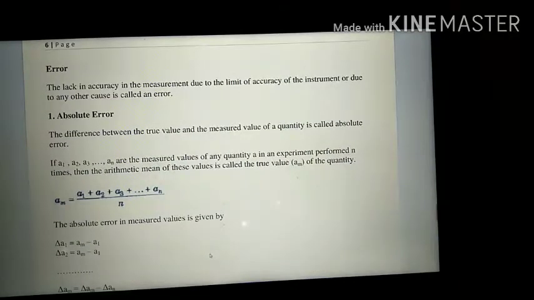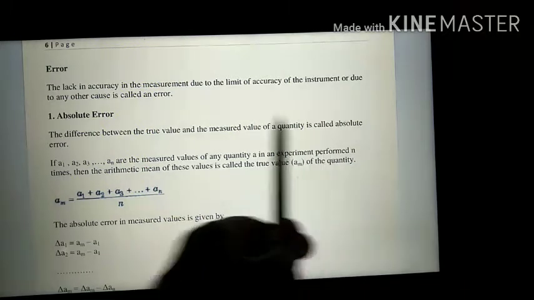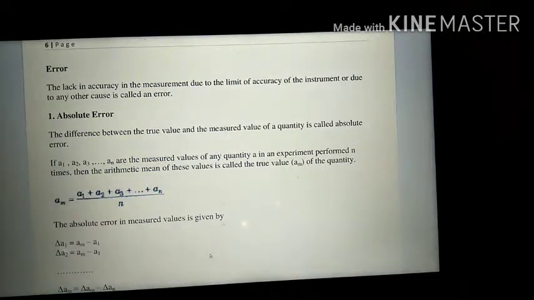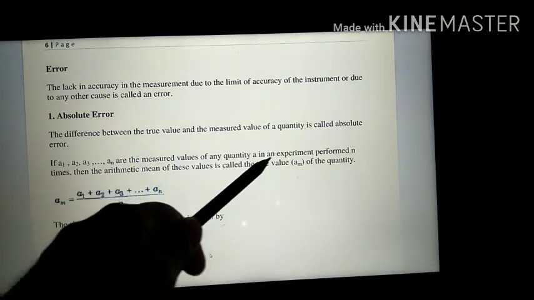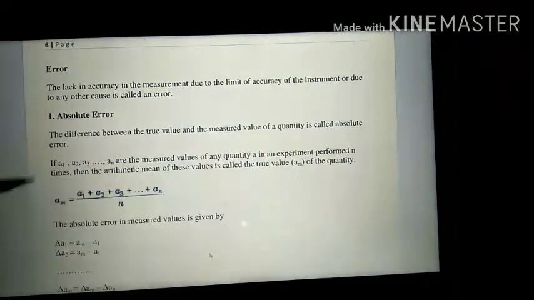First of all, absolute error. The difference between the true value and the measured value of a quantity is called absolute error. Suppose a1, a2, a3 up to an are the measured values of a quantity a in an experiment performed n times.